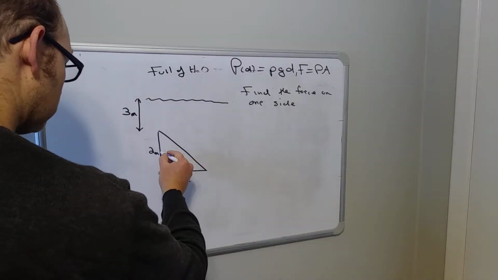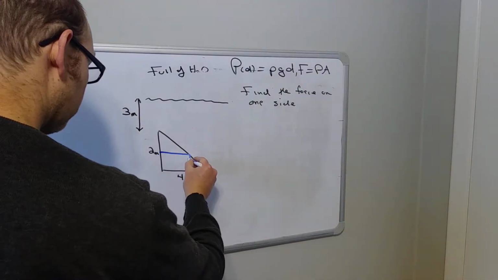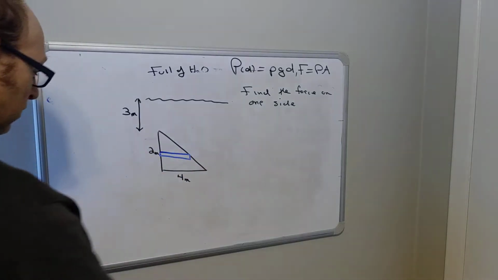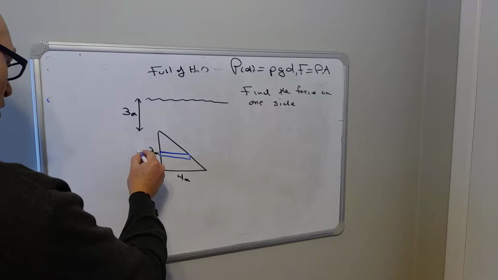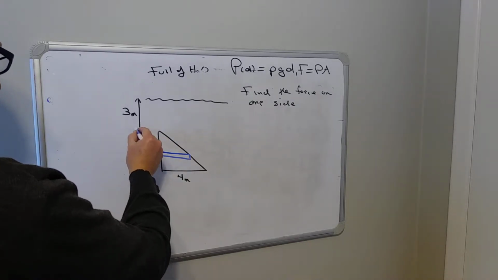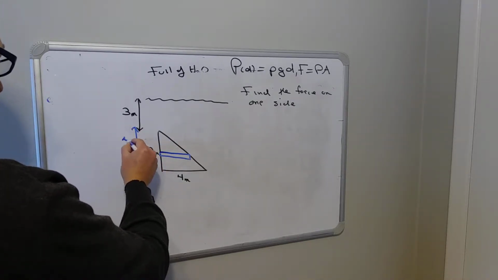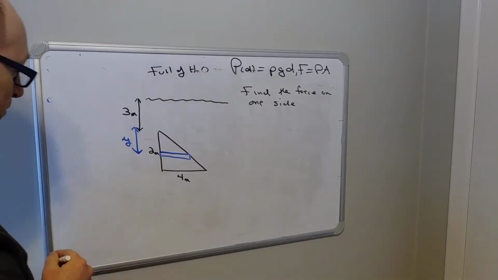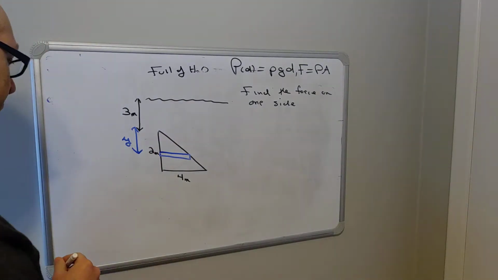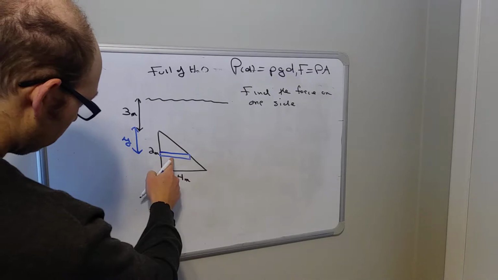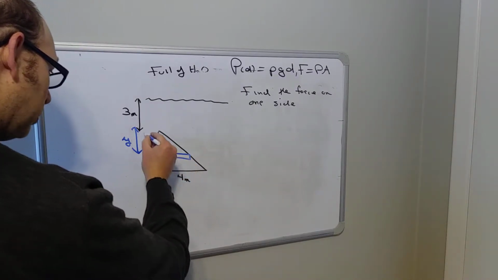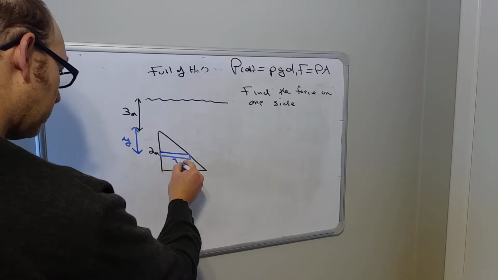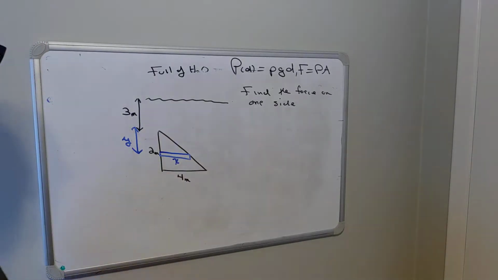Alright, so let's see. Let's draw a slice. And let's let y be the distance to the top of the triangle. The length of this rectangle changes as y changes, so why don't we call that x.